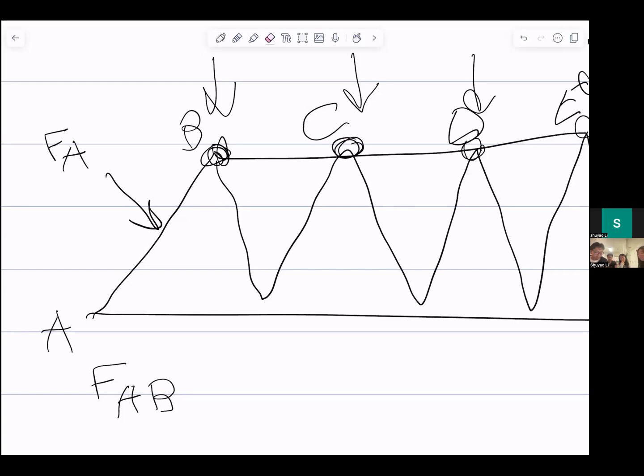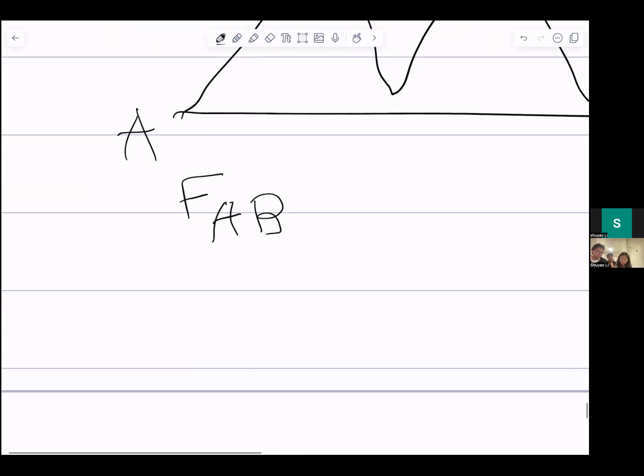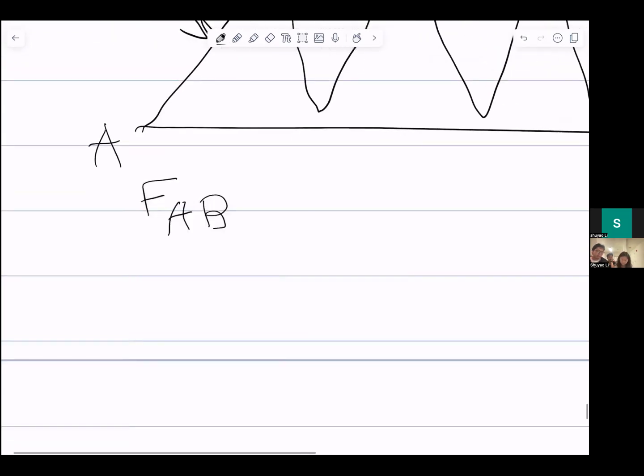And then another type of force member that we have to consider would be zero force members. Those are the members of the truss that carry no load and are actually there to add stability.